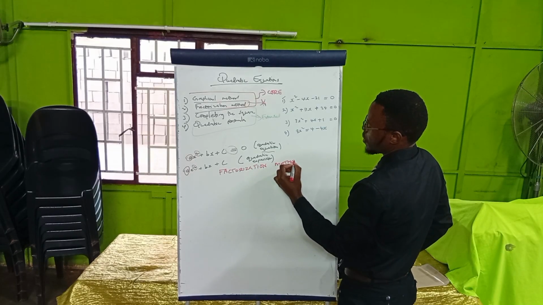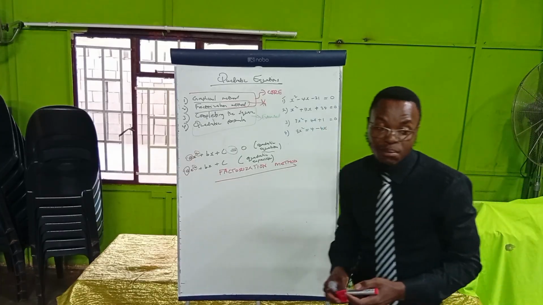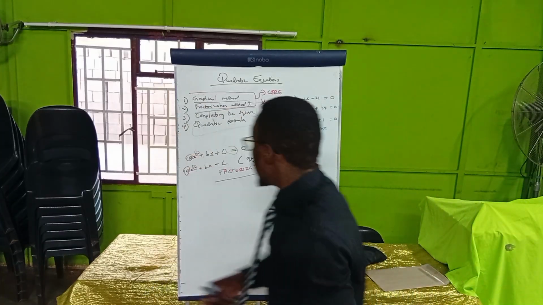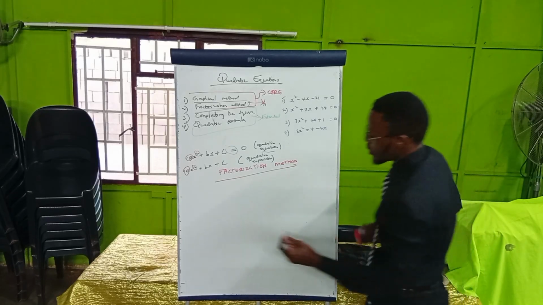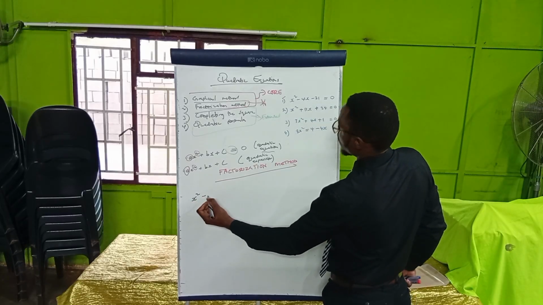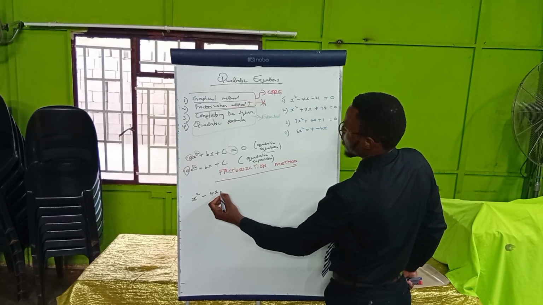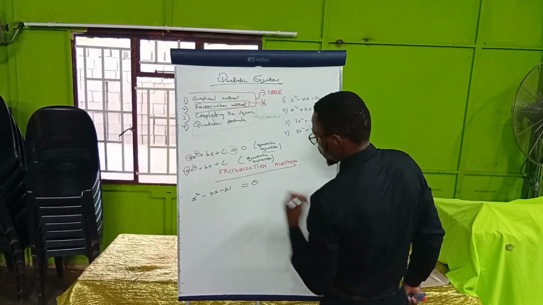There are two ways of doing this, and I'll be using these examples to demonstrate it. The first one, I'll show you the tip, as I mentioned, that if the value of a, the coefficient of x squared, is 1, this is how we're going to solve it.